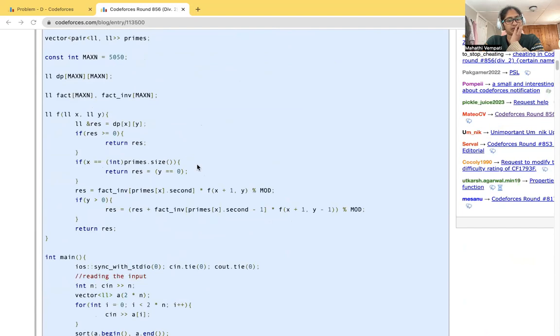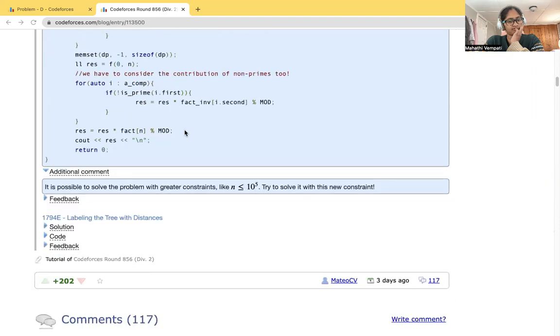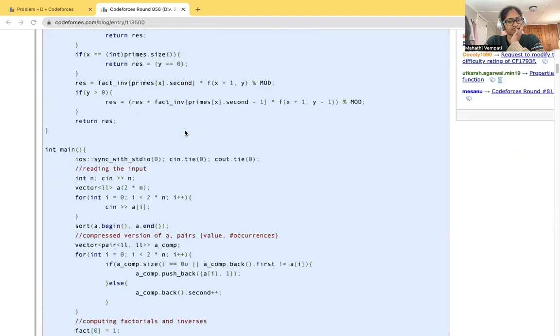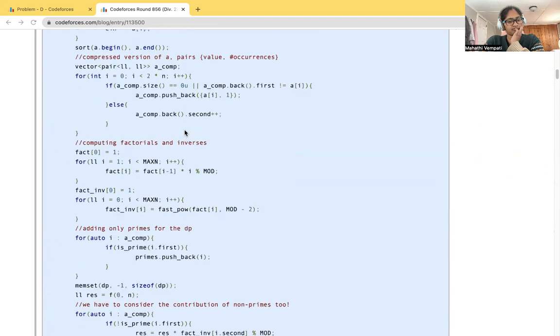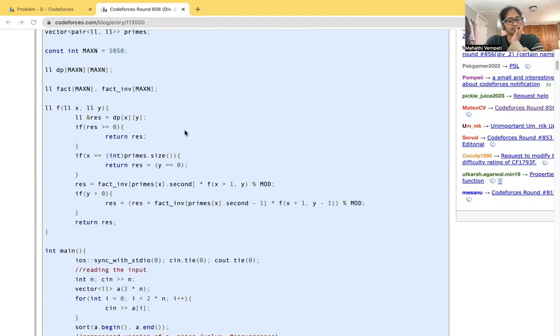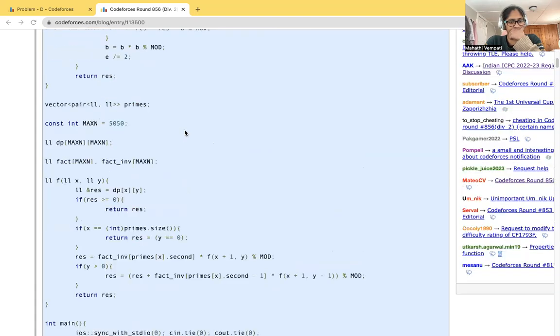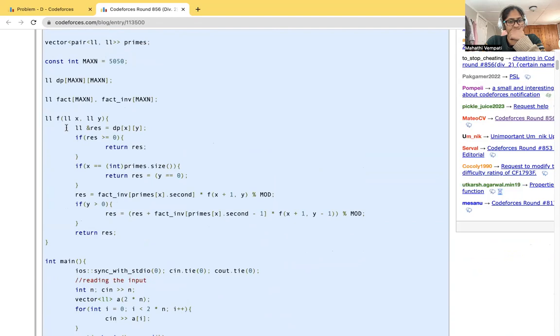Oh, the DP part is in F. I don't understand LL and res equal to, comma.